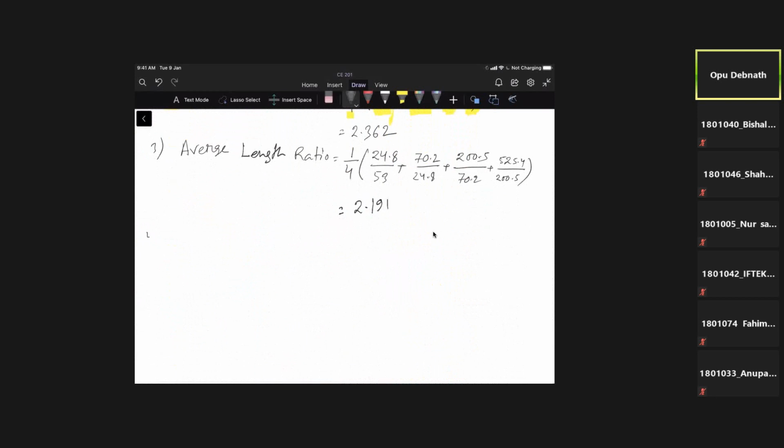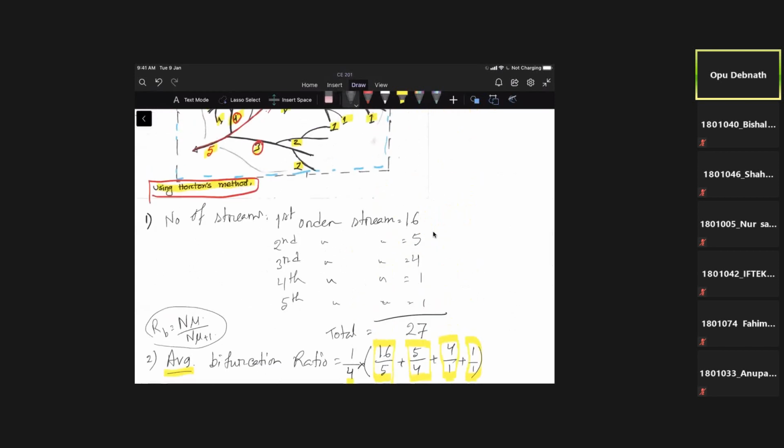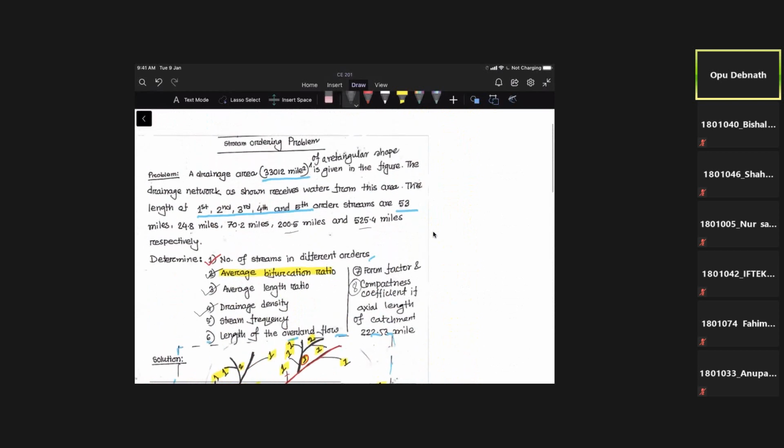The definition of drainage density is the summation of length divided by A. To take the summation of length, we know the number of streams for each order: first order 16, second order 5, then 4, 1, and 1, and also the length of each order.